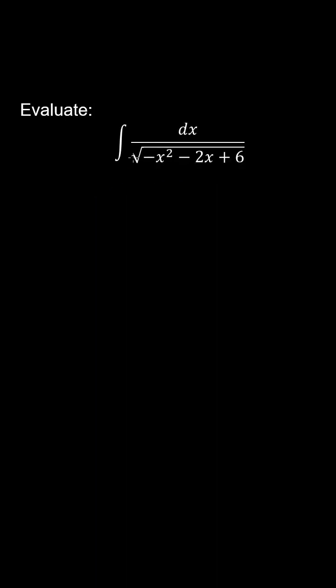Let's evaluate this integral. So because we have a radical, we can try to complete the square. So we have minus x squared plus 2x minus 6. And we complete the square by writing x squared plus 2x, and then divide this by 2 and square it. So we get 2 on 2 squared, and then to get minus 6, we subtract 7.